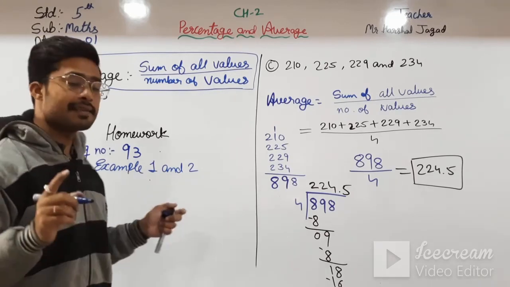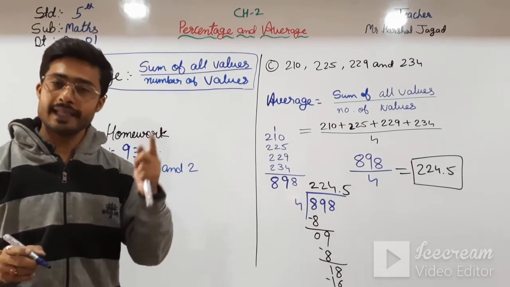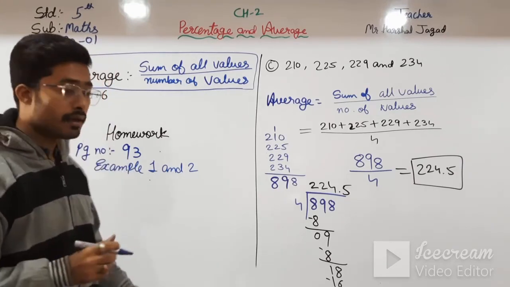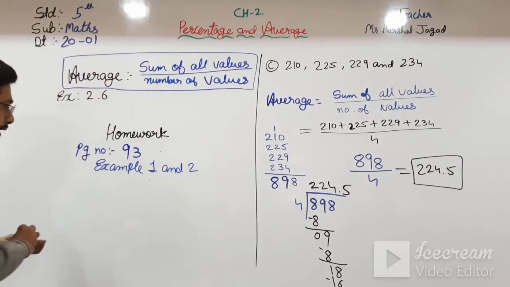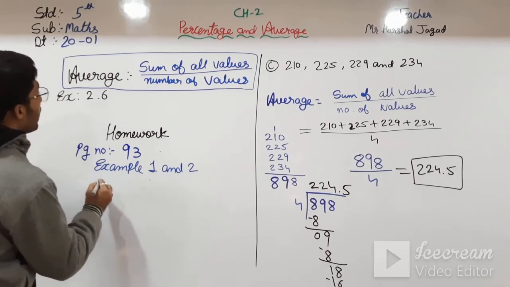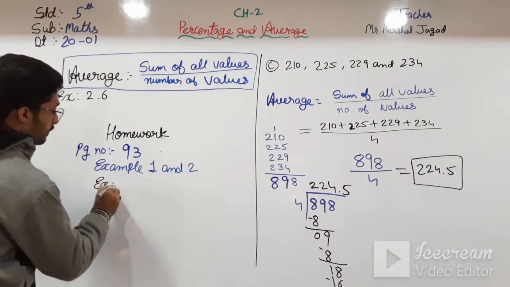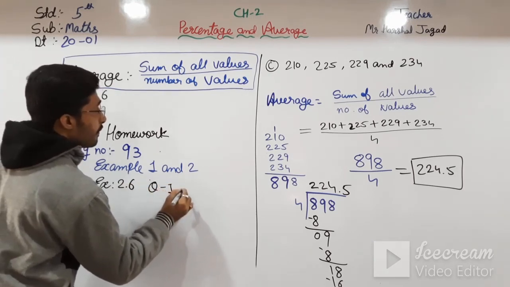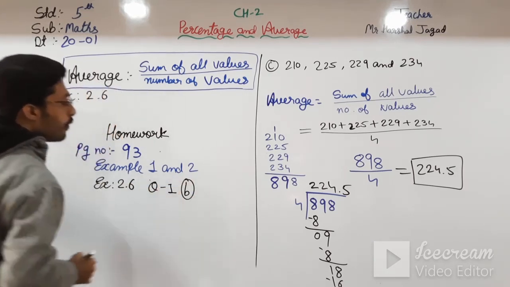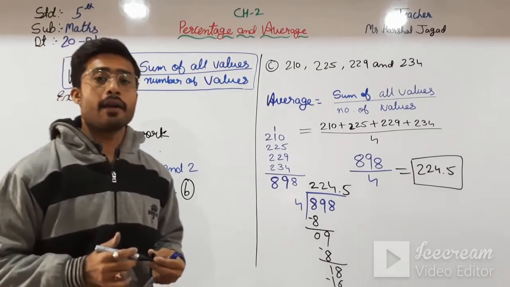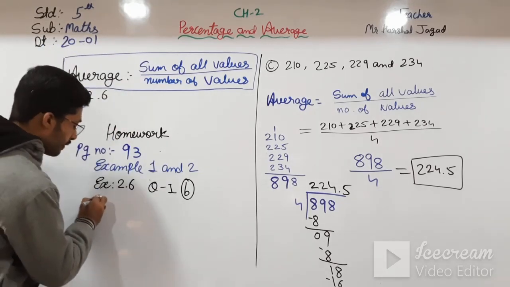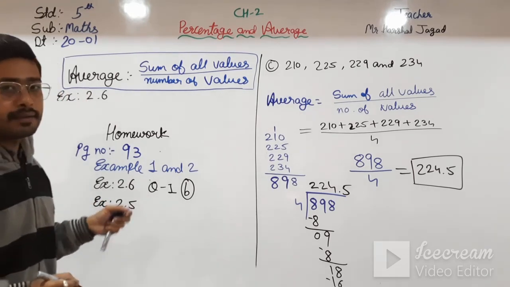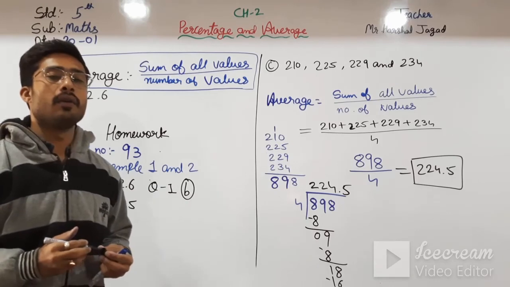You can solve the first one easily, the second one you can't solve easily, so you just have to try. I am not saying that you have to do only that. Then exercise 2.6, question number 1b, you have to do in your homework, and also the remaining sums of 2.5.